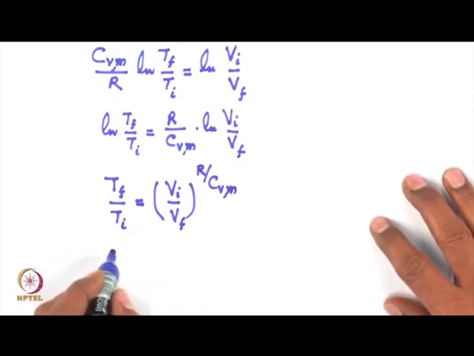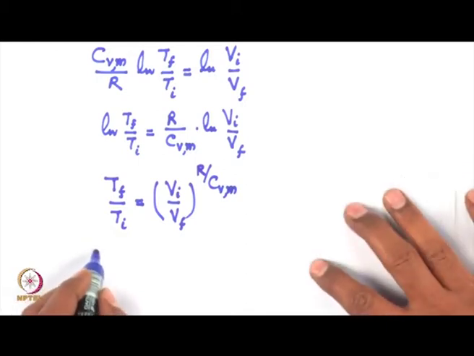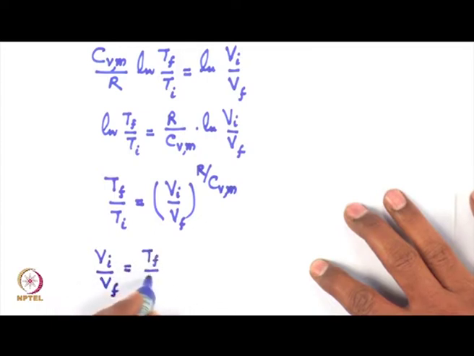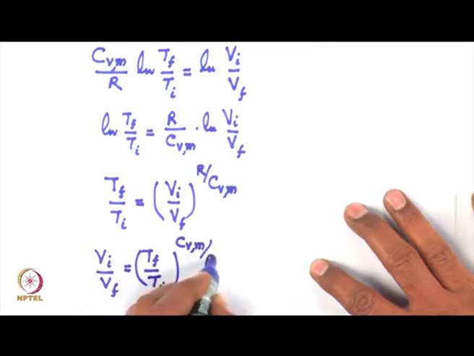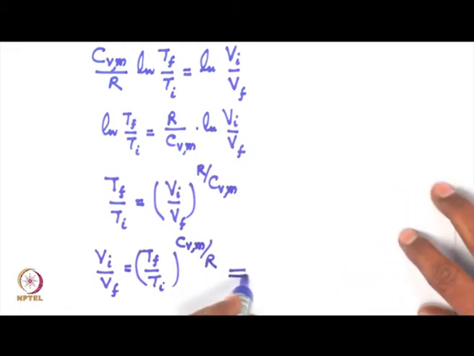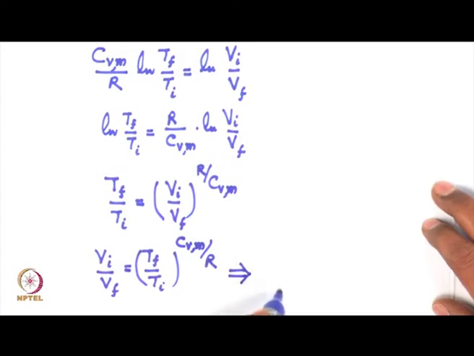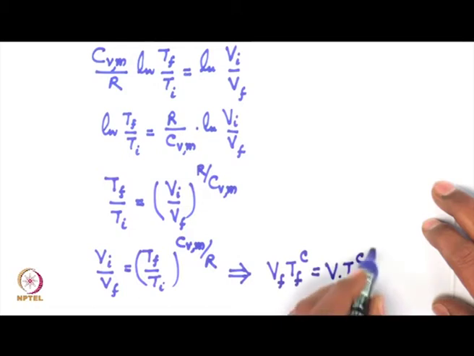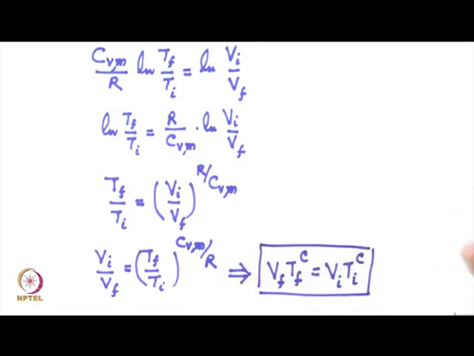This I can rearrange now to write in this form that Vi upon Vf is equal to Tf upon Ti raised to the power CVm divided by R, which suggests the equation Vf Tf raised to the power C is equal to Vi Ti raised to the power C, and this is the equation that we were planning to derive, with C equal to Cv by nR or CVm by R.